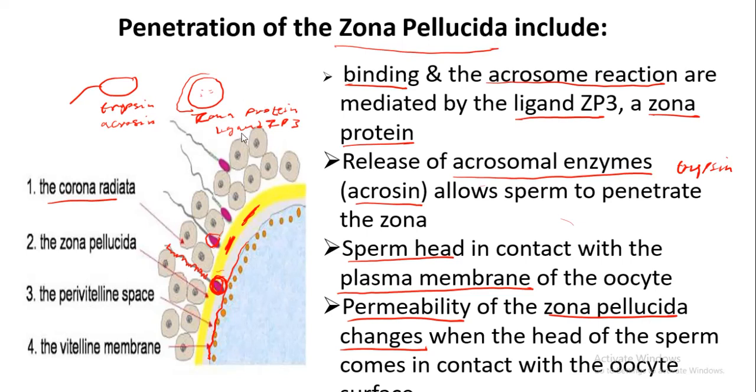By the way, ligand ZP3 is an example of the zona protein. There are a lot of zona proteins out there. So the zona pellucida has become impermeable after the head attaches. That means that the tail will remain outside.